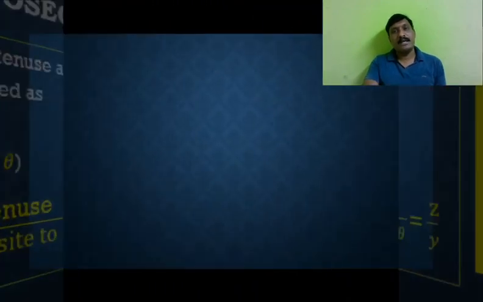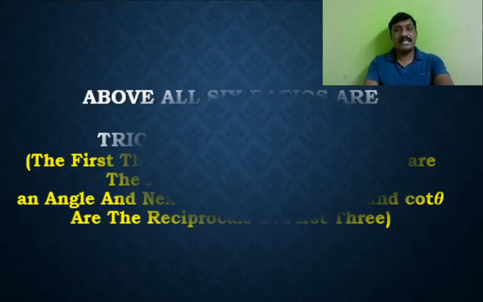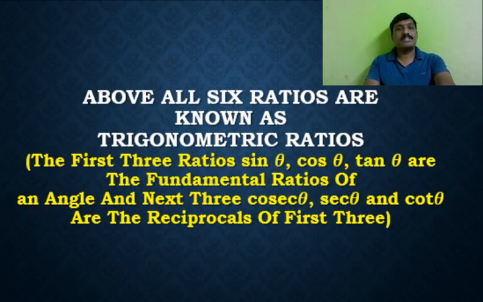My dear children, now you have studied the six ratios. These six ratios we call trigonometric ratios. Briefly recalling once again, the first three ratios, sine theta, cos theta, tan theta, are called the fundamental ratios of an acute angle.